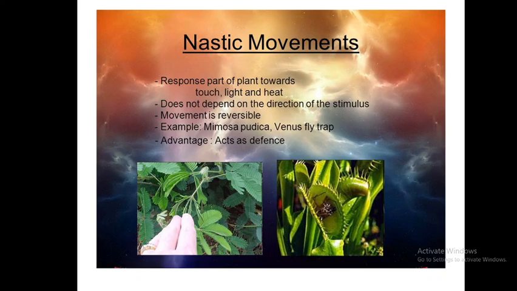The dropping of leaves in the sensitive plant, for example Mimosa pudica, is a seismonastic movement. When this plant is touched, the leaflets are folded and the whole leaf drops down within a few seconds.